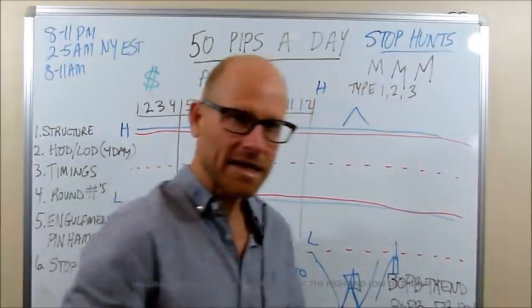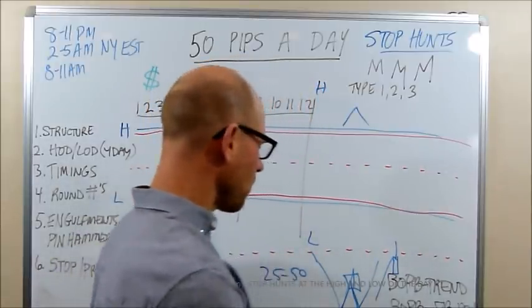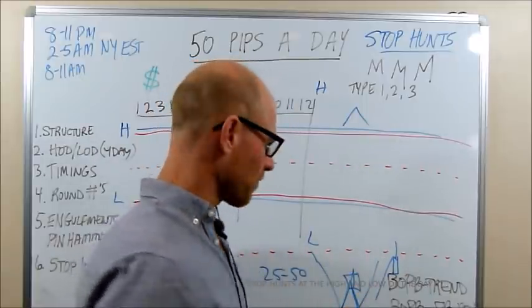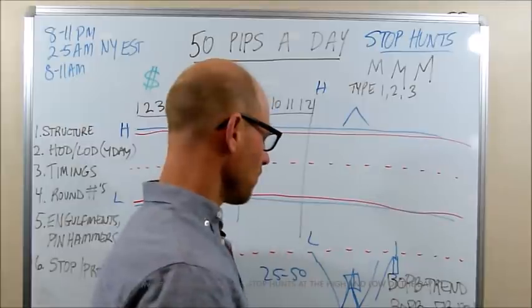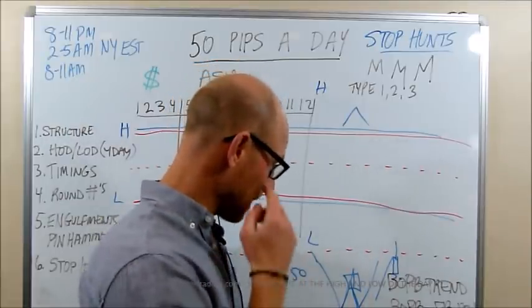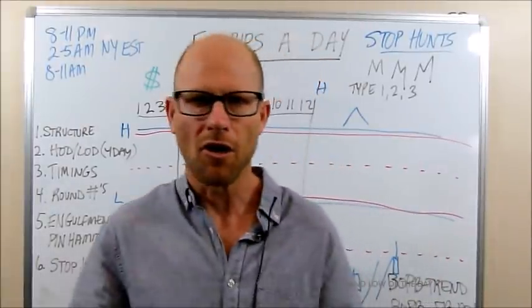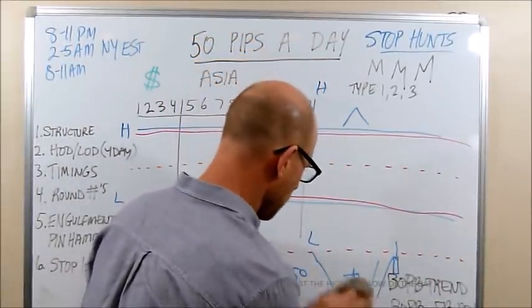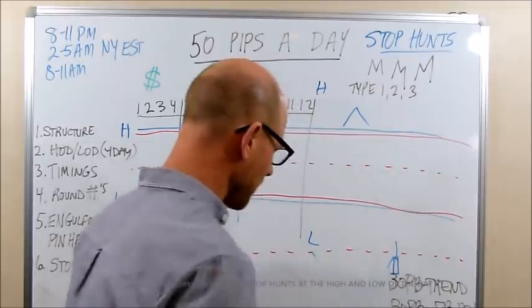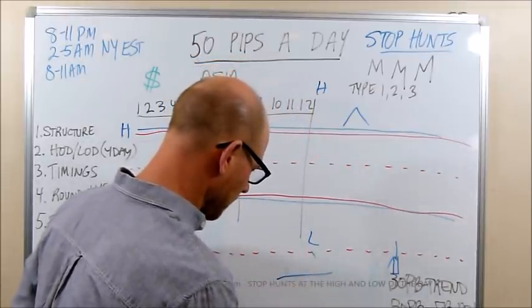And the reason why that is because when I break a new low or break a new high, that is the most vulnerable area where the trade can reverse or come back and hit my stop to stop me out. Now we look for engulfments and pin hammers. So one of the easiest ways to recognize a stop hunt is when you're at the high or the low.